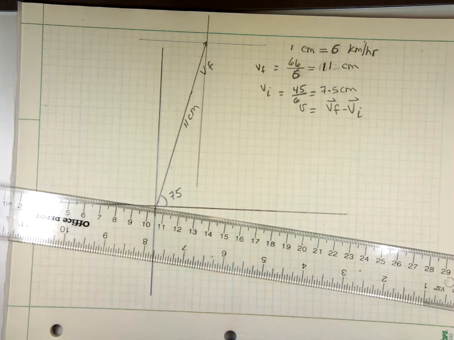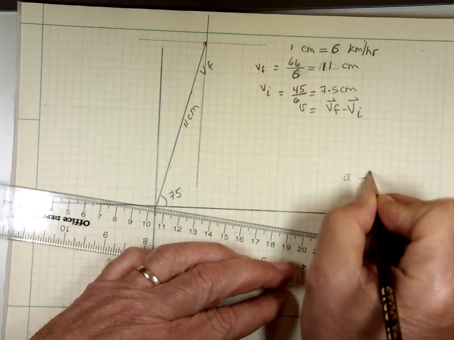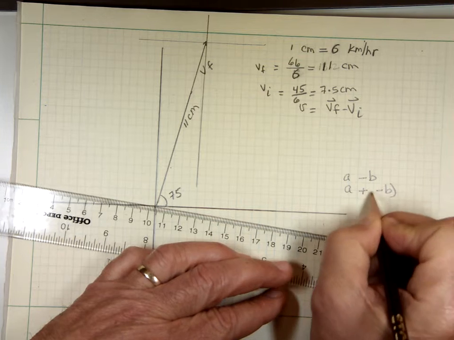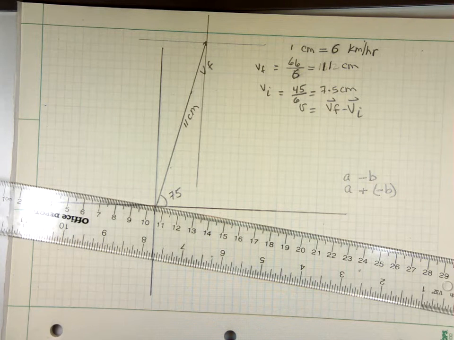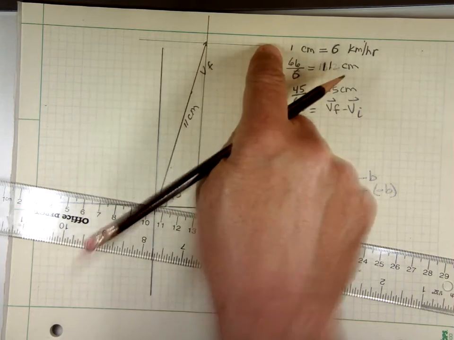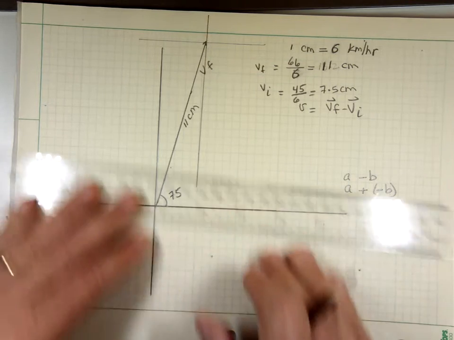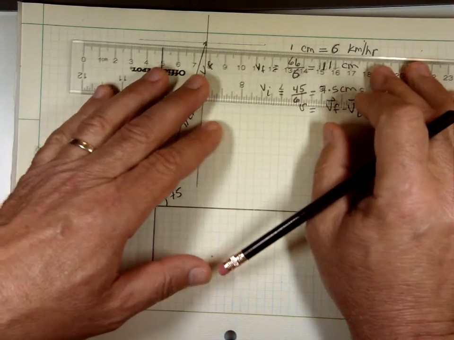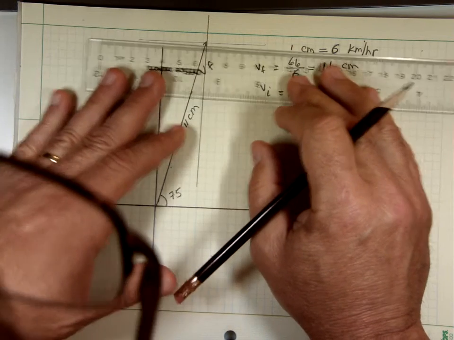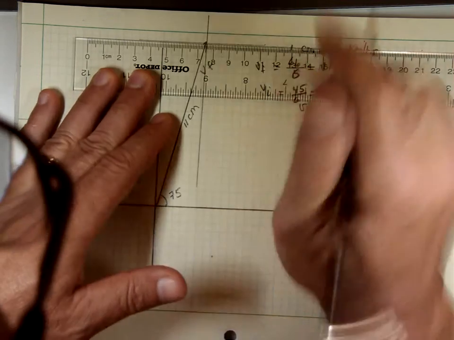Now in math, we learned that if you have subtraction like A minus B, that's the same as adding what? The opposite of B. Remember that in math? So to subtract that vector that's going this direction, you're going to add the opposite of that. The opposite means change the direction of it. So this will be 7.5, instead of to the right, will be to the left, because you're subtracting. Subtraction is adding the opposite.